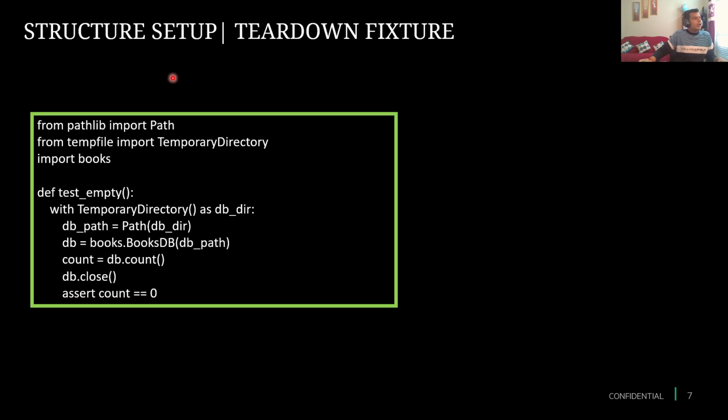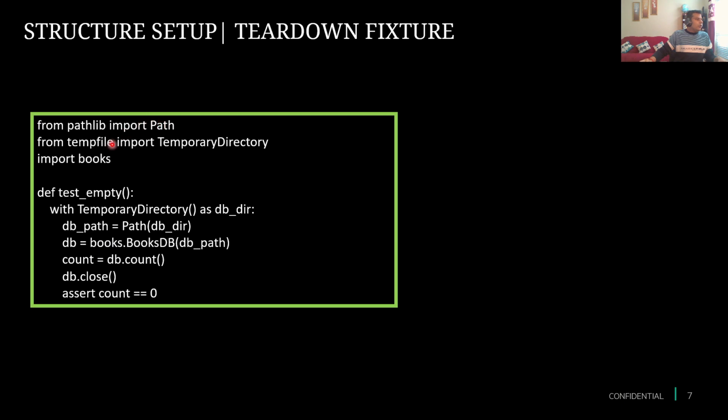If we are having any test framework, setup and teardown play a really important role. In this particular test case, you'll see lots of things are happening, but what we want to do is just verify the count equals 0. But for that, we are looking for one database, created one path variable.